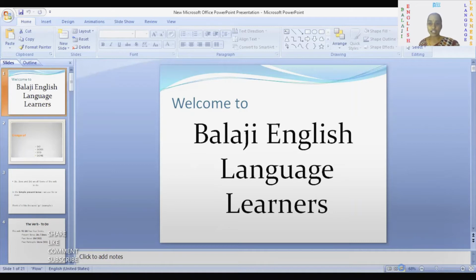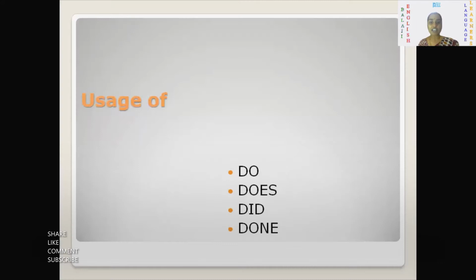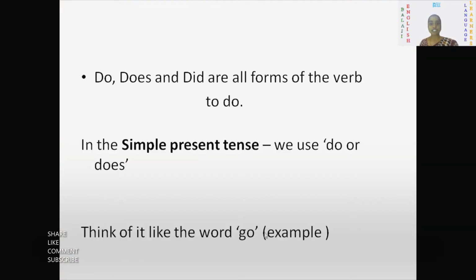See here, as I already told you, welcome back to our channel, Balaji English Language Learners. Now we are going to learn about the usage of a few words in a sentence like do, does, did, and done. When and how we are going to use them, we are going to see in this session.